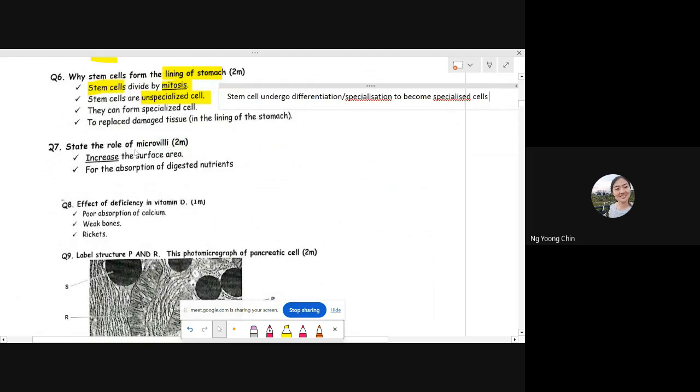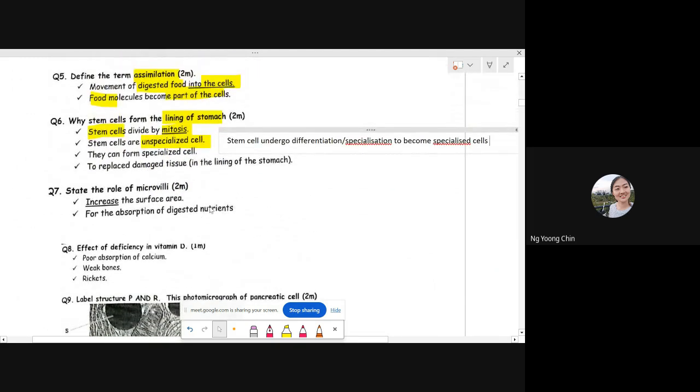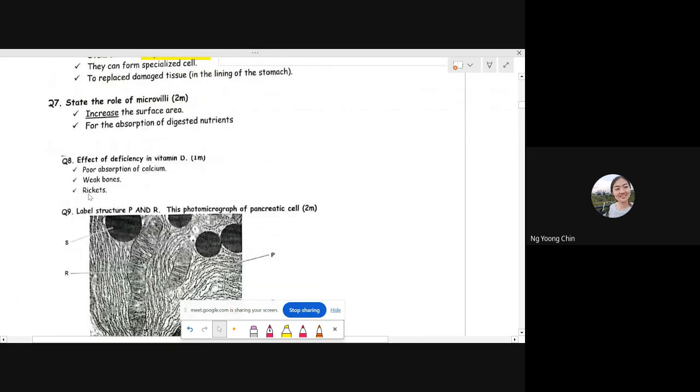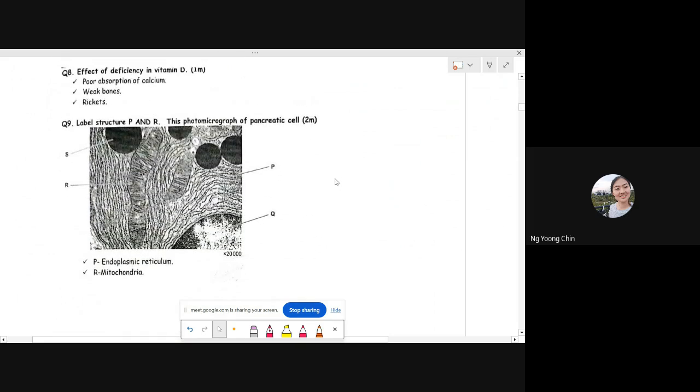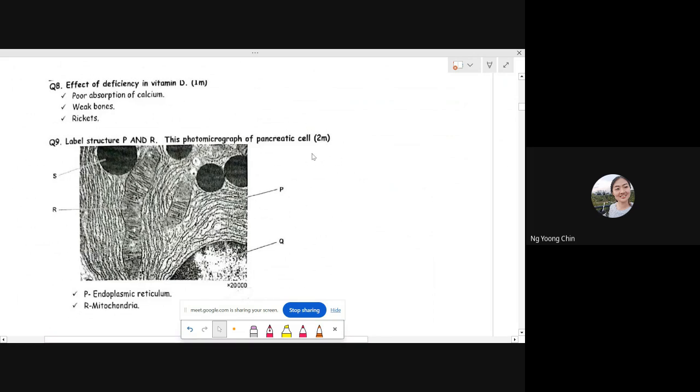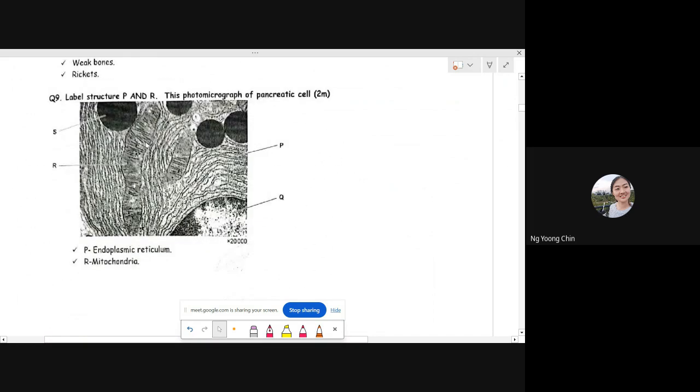And then microvilli help to increase the surface area. And then if you don't have enough vitamin D, you will have either rickets or weak bones. You will suffer those nutrient deficiency diseases. And then this is an example of a pancreatic cell, okay? So I hope you are able to identify this structure. This structure is a mitochondria. You can imagine that there is a highly folded membrane inside the mitochondria, like this.